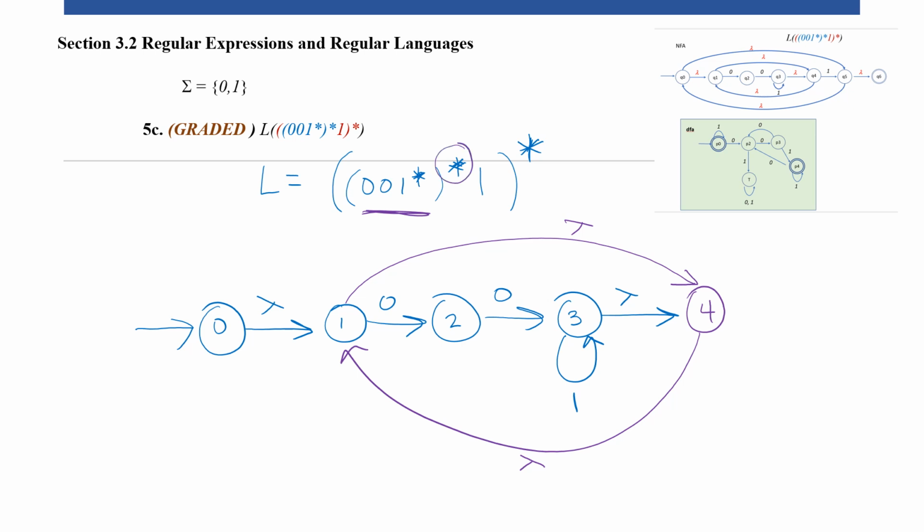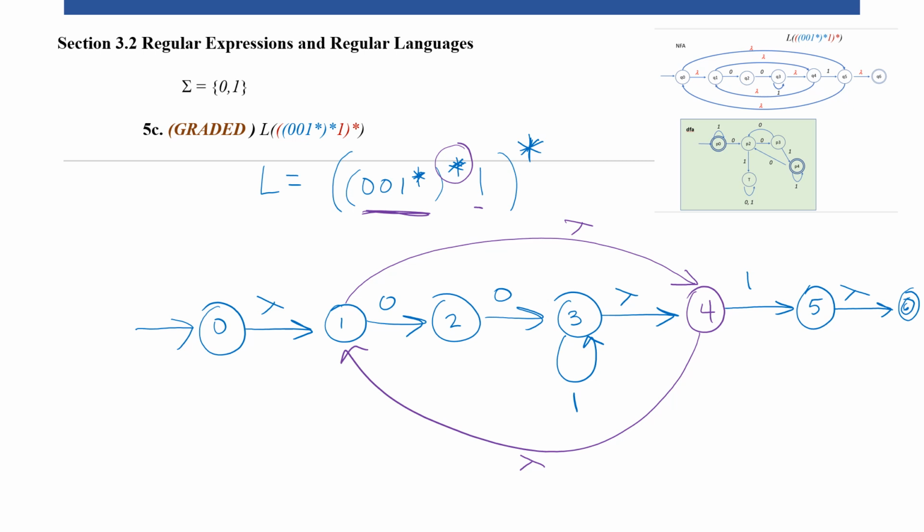Then after I do my 0, 0, 1s as many times as I want or don't want, I can pick up a 1 after that. So I pick up a 1 here, and then I can lambda transition to the final or accepting state. Again, it's not really required. You could probably combine these states together.